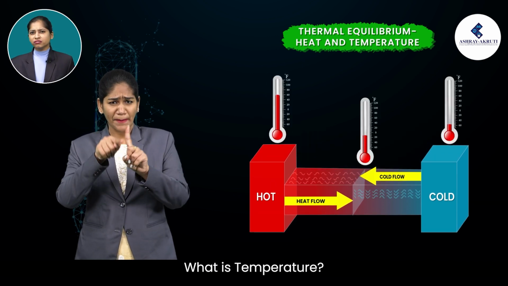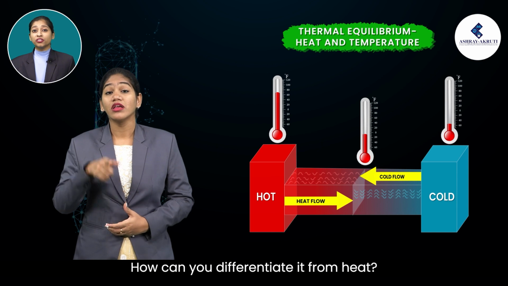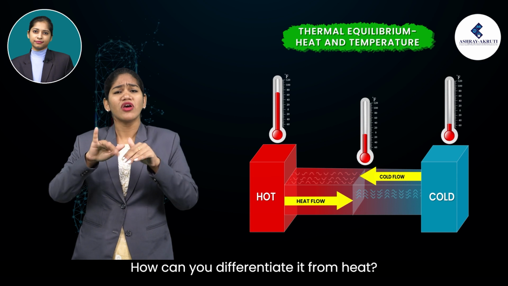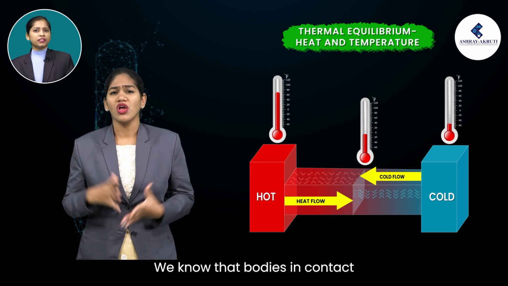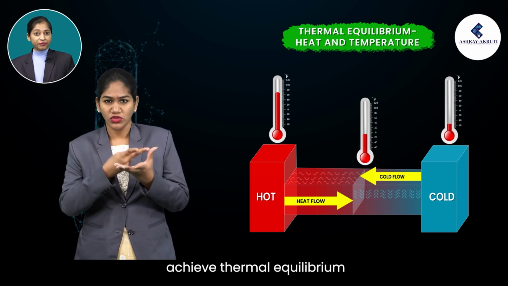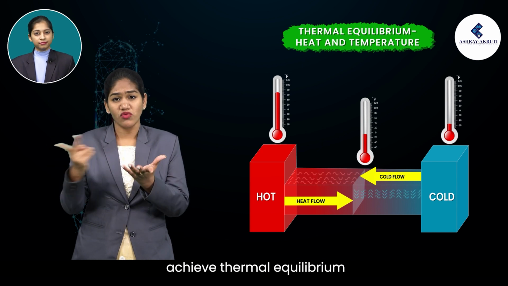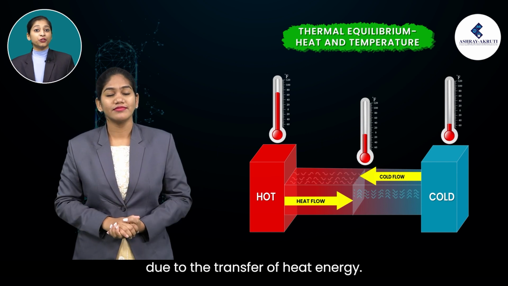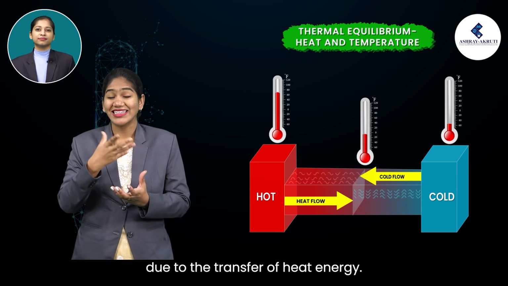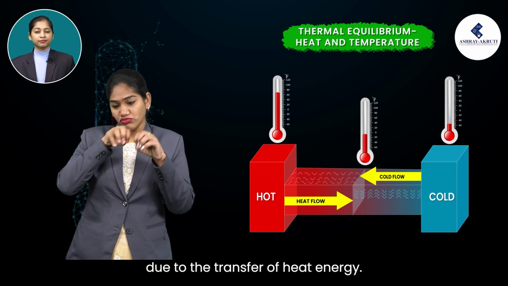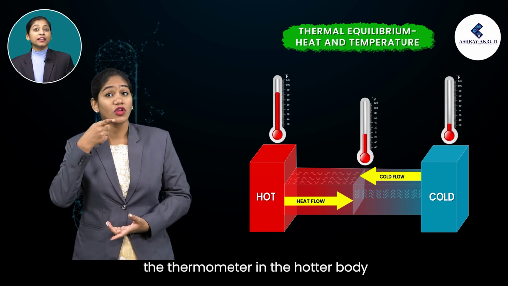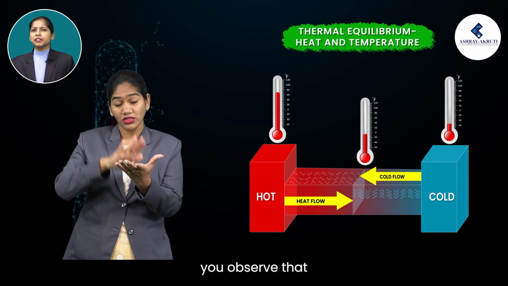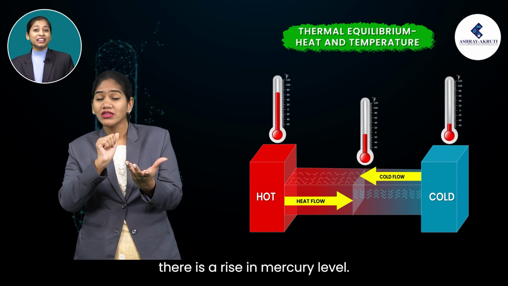What is temperature? How can you differentiate it from heat? We know that bodies in contact achieve thermal equilibrium due to the transfer of heat energy. When you keep the thermometer in the hotter body, you observe that there is a rise in mercury level.